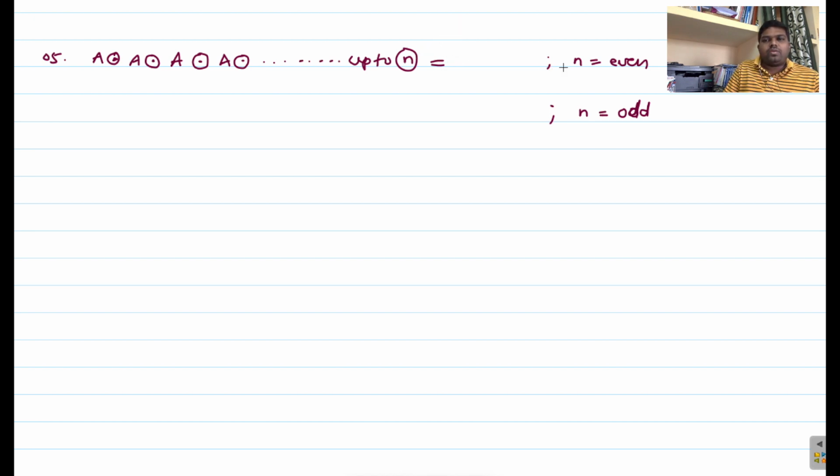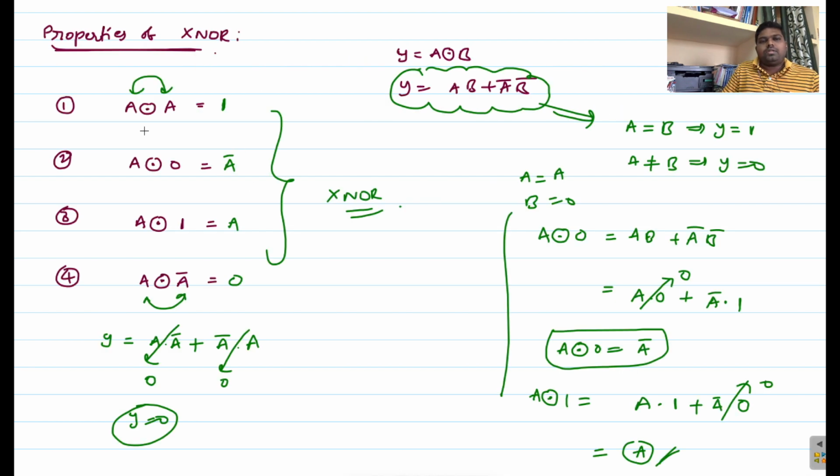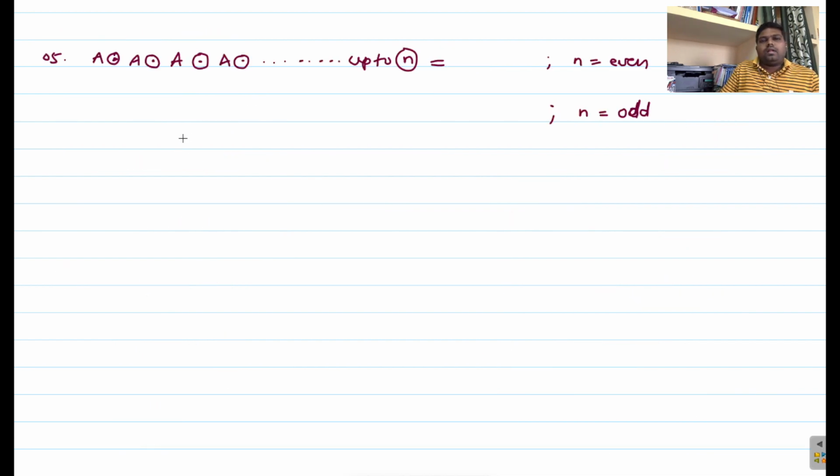If n is even, as I already told you in the previous example, A XNOR A equals 1, right? So now, for example, I will take n equals 4. In that case, A XNOR A, A XNOR A, so these are the 4 A's which are in XNOR mode, right?